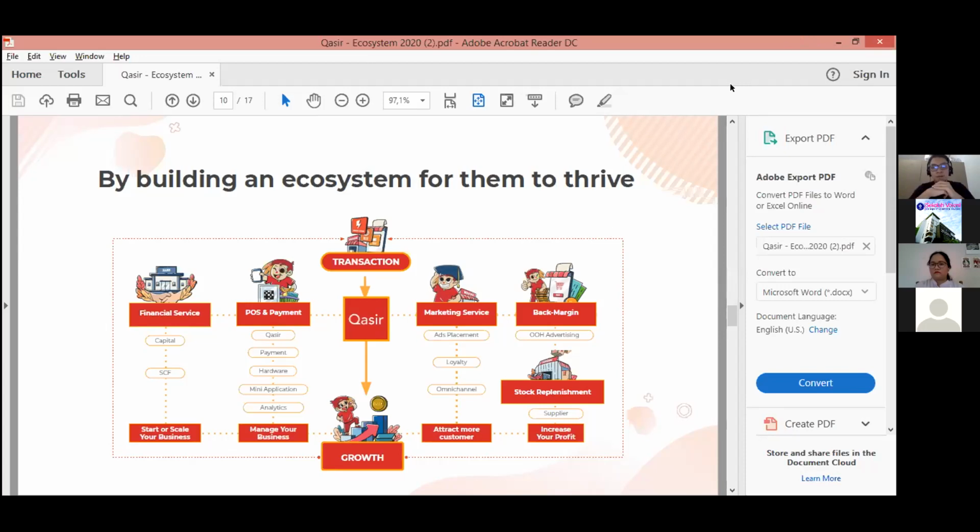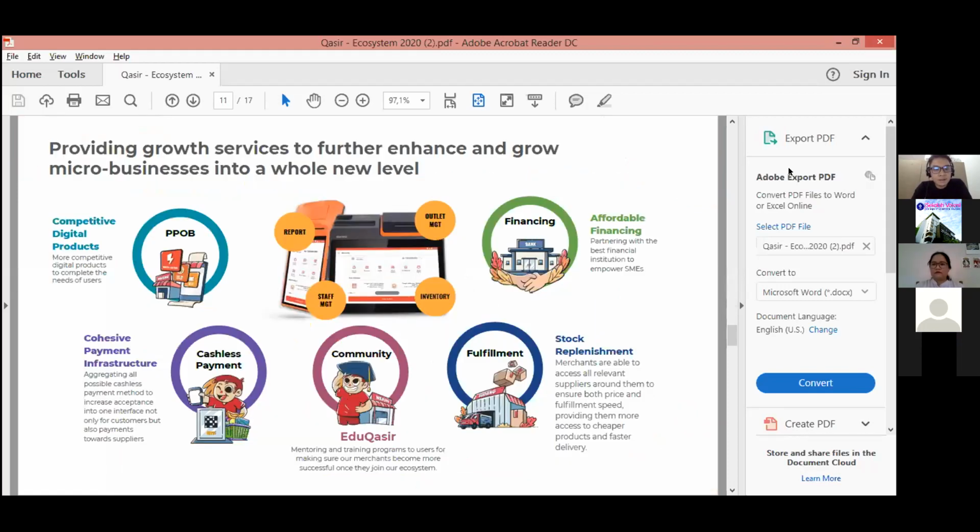So if we can record the sell-in and sell-out transactions and validate them, this is the baseline for the right loan for them, so they can do better transactions, and with Kasir the MSME can grow better.